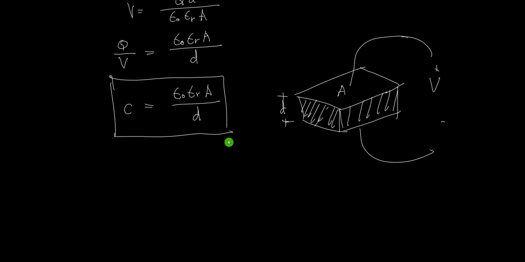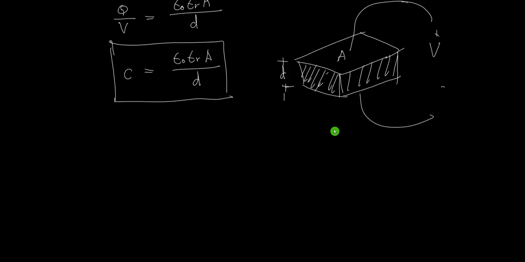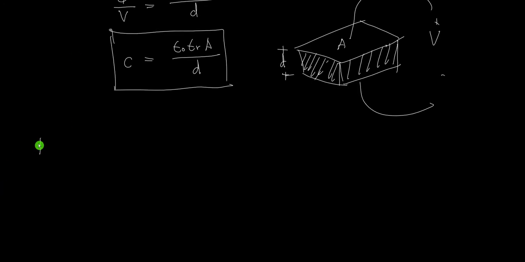So this formula is applicable for a capacitor that has only one dielectric. What happens if we have multiple dielectrics? What happens to the capacitance if it's not just one dielectric, but different dielectrics in one capacitor? Multiple dielectric capacitors.